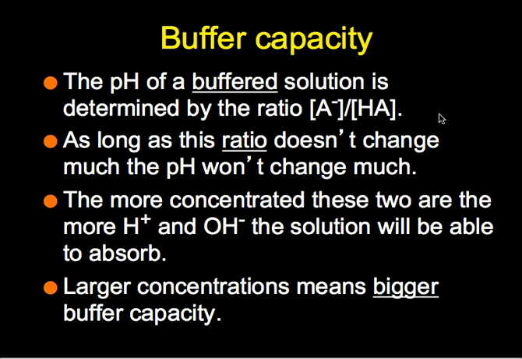And once that ratio is so depleted, either too much weak acid or too much conjugate base, then the pH will start to change. But as long as this ratio is pretty close to one another, you'll have a fairly decent capacity for your buffer to maintain a constant pH.